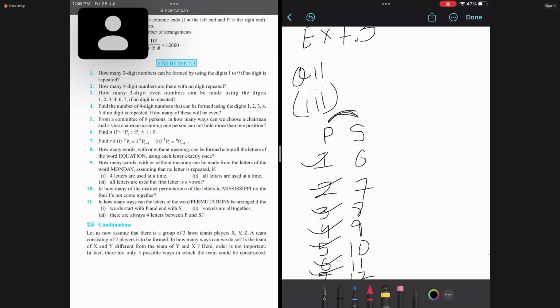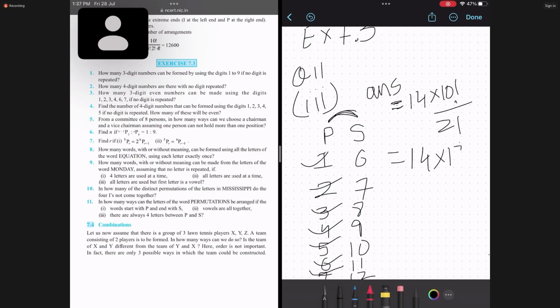Correct? So the answer is nothing but 14, the number of ways you can fill in P and S, into 10 factorial, because the number of letters and positions left is 10, divided by 2 factorial, because you need to keep in mind the repeating T also. Correct? So we have 14 into 10 factorial divided by 2.